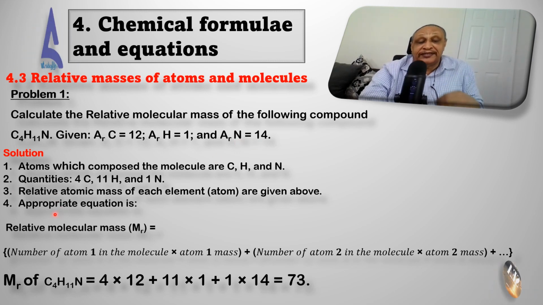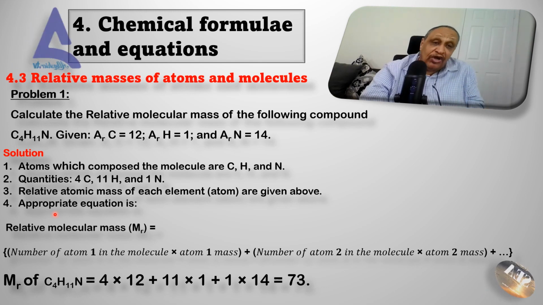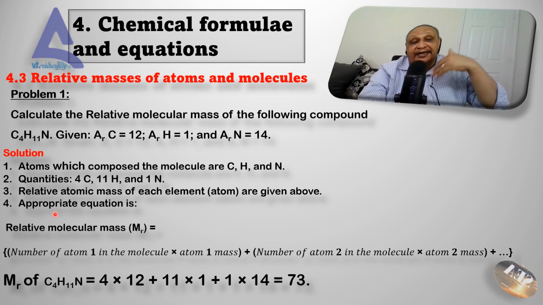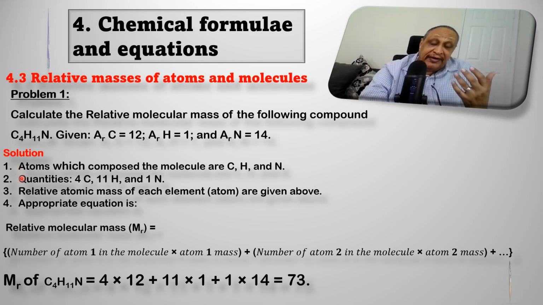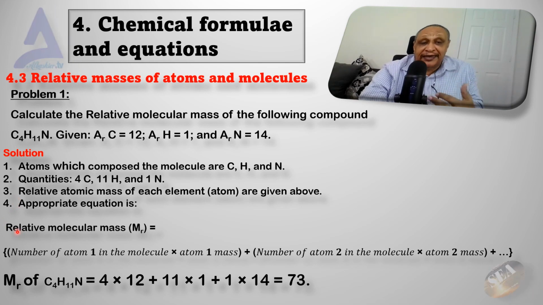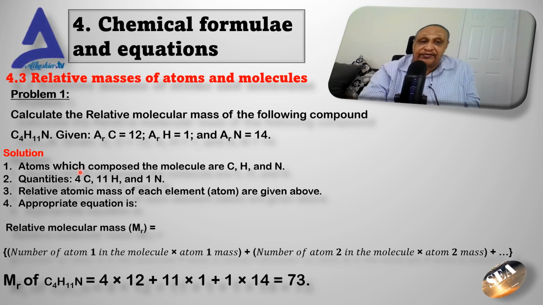Solution. In the solution, we are going to follow the instructions that I have given to you. I've given you about 5 pieces of information, and we would like to utilize this information in order to solve this problem.